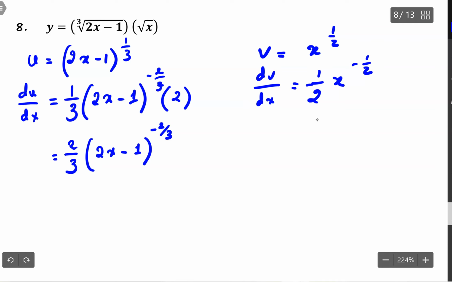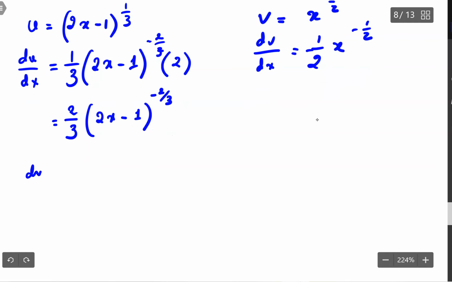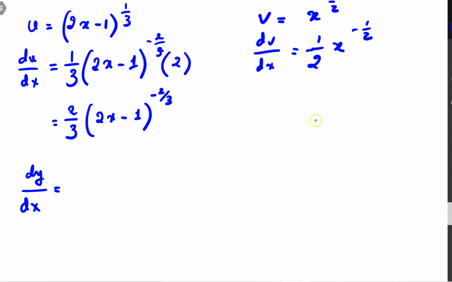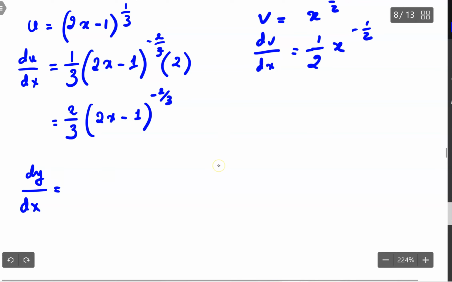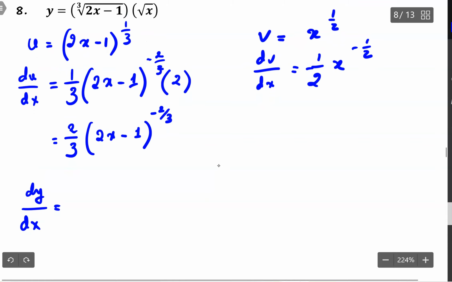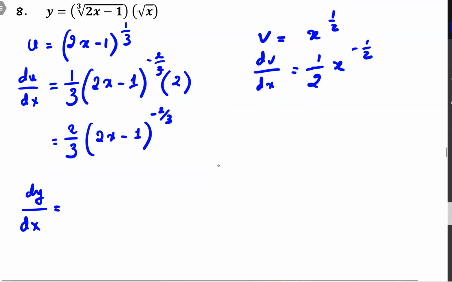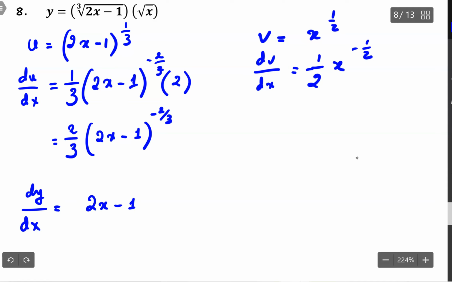Let's put it into our formulas. So dy over dx equals, and make sure that you write dy over dx because you're telling your professor that you're going to differentiate now by fitting all of this into your product rule formula. So u will be 2x minus 1, all of it to the exponent 1/3. dv over dx is 1/2 times x to the negative 1/2.